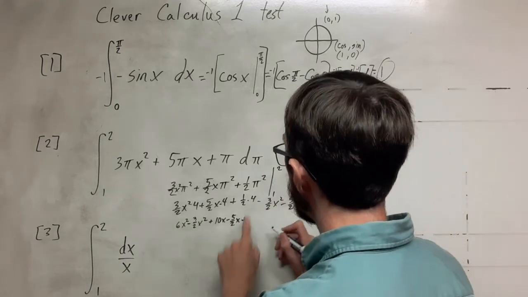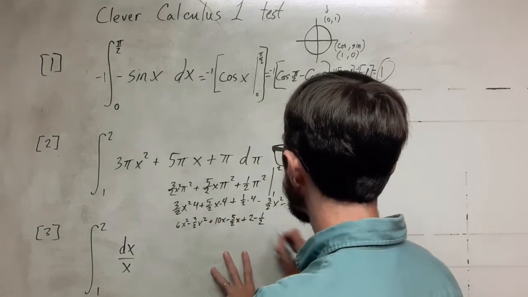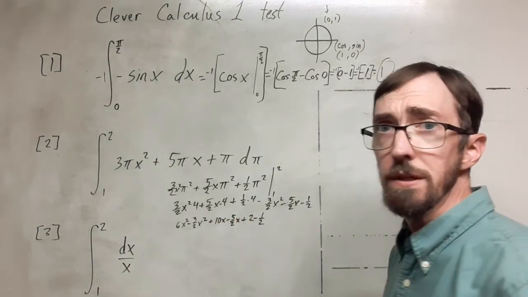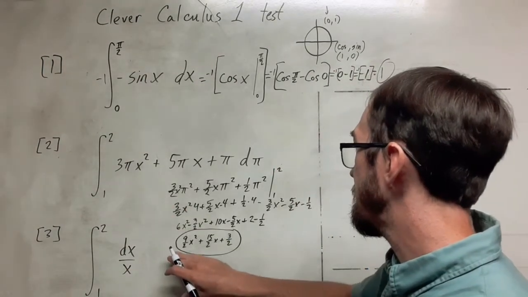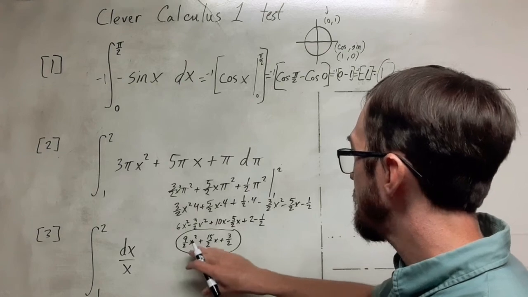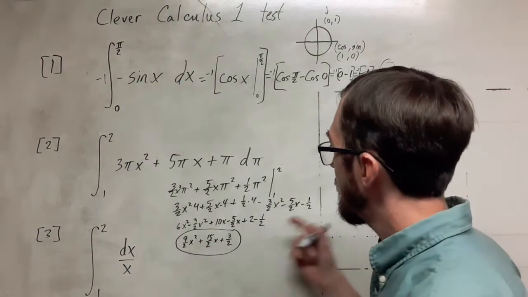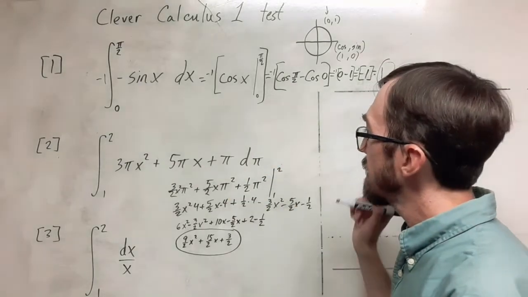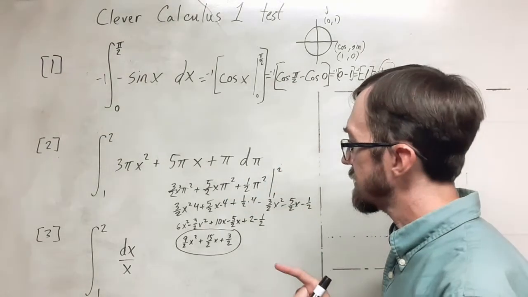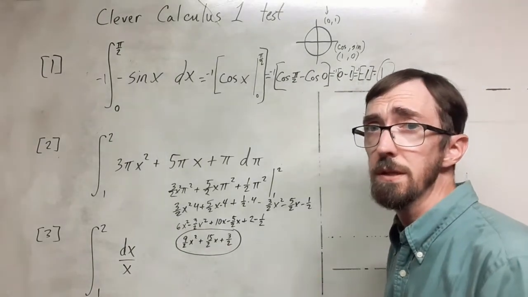We're going to have 2 here minus 1/2. And then we'll clean that up. So when we simplify everything, we end up with 9/2 x squared plus 15/2 x plus 3/2. So that's the proper way that you would integrate this, because pi is our variable here. We're left with this polynomial with the x's still in it.